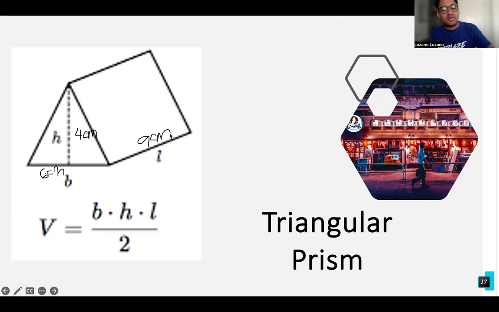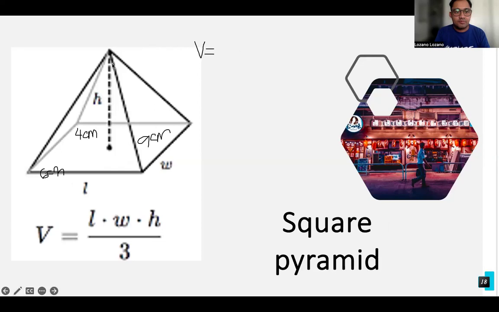Okay, so what we're gonna do, yung mga given numbers, i-transpose lang natin dyan or ilalagay lang natin dyan, i-multiply lang natin. So volume is equals, what is our base? That is 6 centimeters.